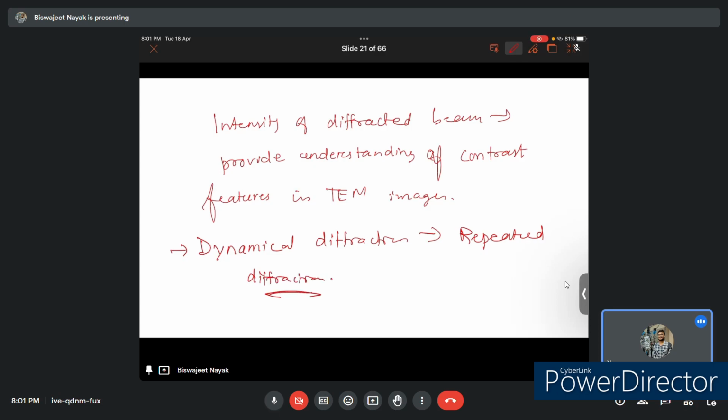When we consider a perfect crystal, we divide the crystal into two halves, one above the other. The upper half diffracts the direct beam, and the lower half further diffracts it. So we call this a rediffraction of the incident beam.